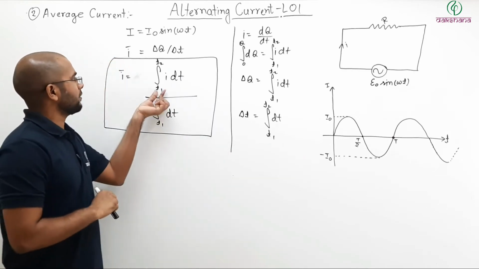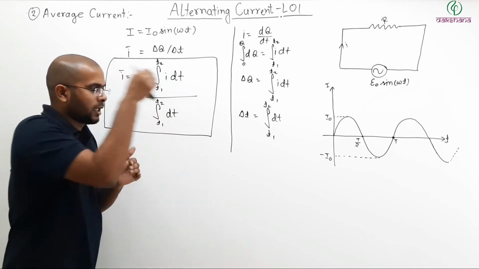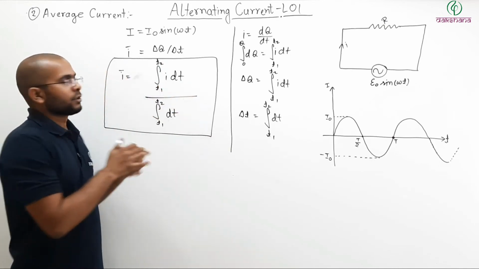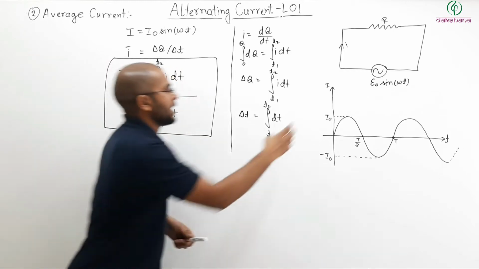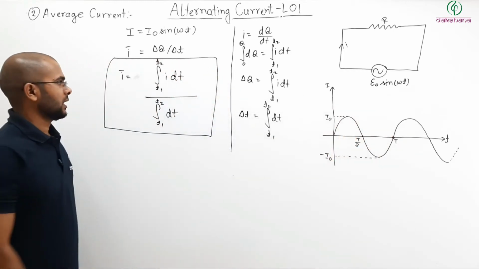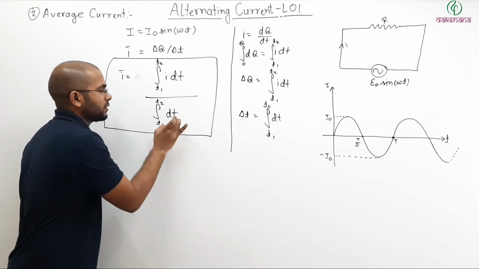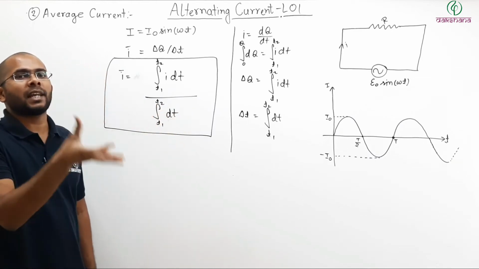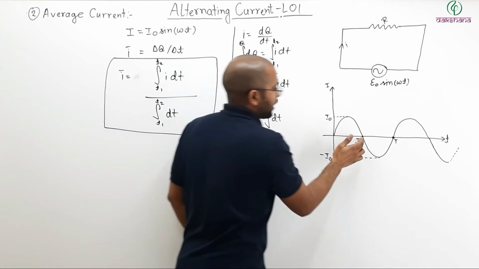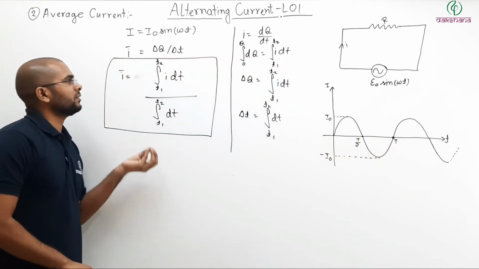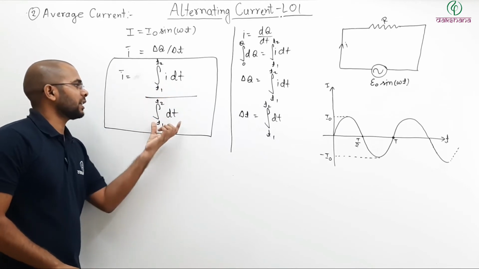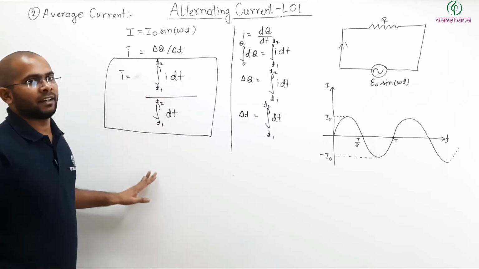So from starting point to finish point, I dt. This numerator is nothing but the area under the IT curve. And this, T1 to T2 dt, is nothing but the total time period. So that will be your general definition: area under the curve divided by total time, that is I average.